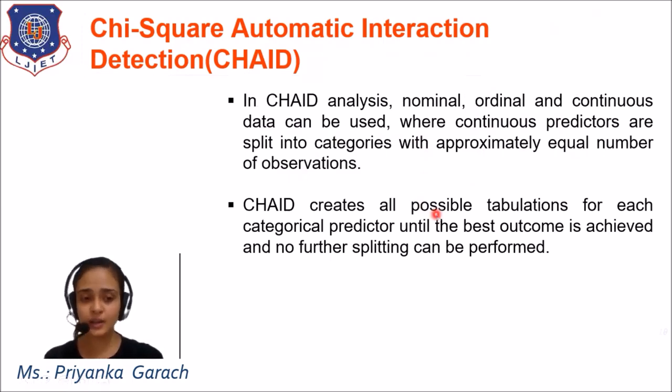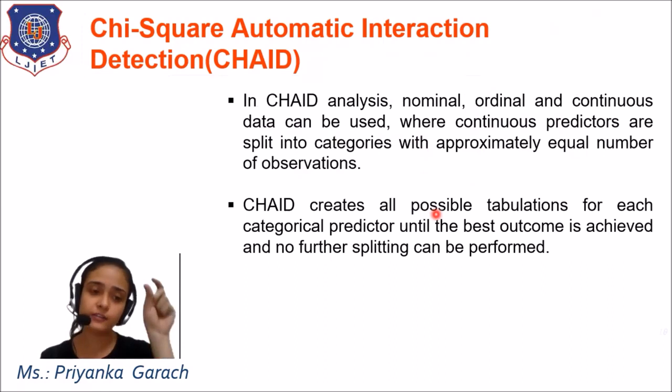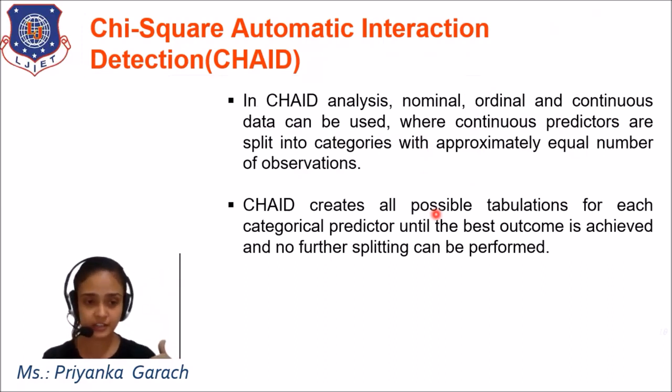This statement is very important: in this CHAID tree, if you have a continuous attribute, then we have to convert that continuous attribute into a discrete attribute. Suppose I have the age attribute, with various numbers like 15, 25, 35 as the different ages. Then what will I do? I will convert this continuous attribute into a discrete one.